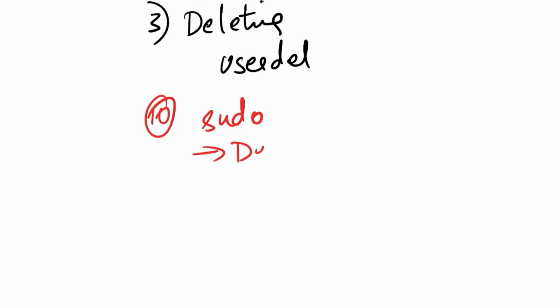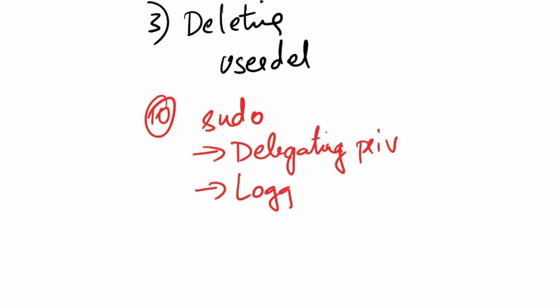First one is delegating privileges. Sudo allows system administrators to delegate specific privileges to users or groups of users. This delegation can be fine-tuned to control exactly which commands a user can run with elevated privileges. Next, logging and auditing. Sudo logs all commands executed with elevated privileges.